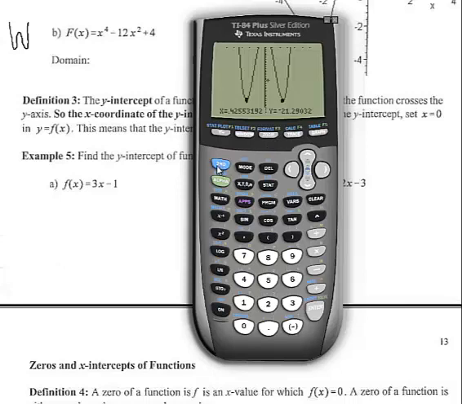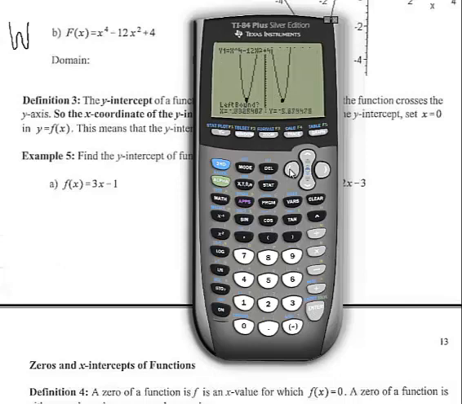A precise way to do that, have your calculator give you good, accurate coordinates, is to use the calculate menu. So I simply hit second and trace, and you see in blue letters CALC for calculate brings up this menu, and I want to find the minimum of this curve.